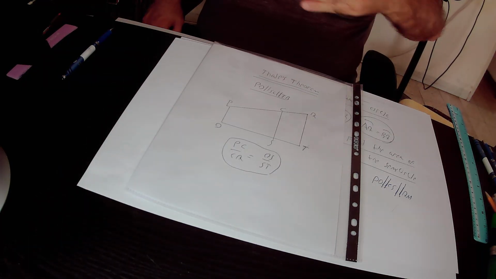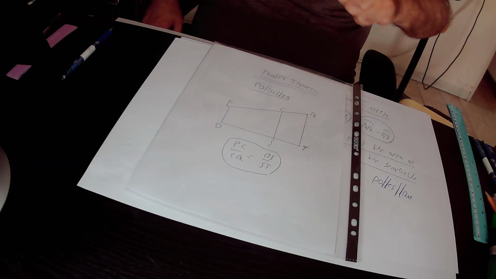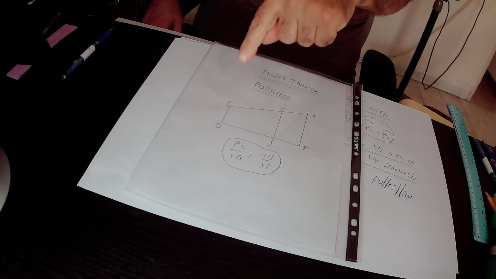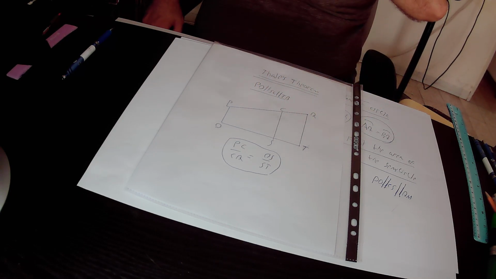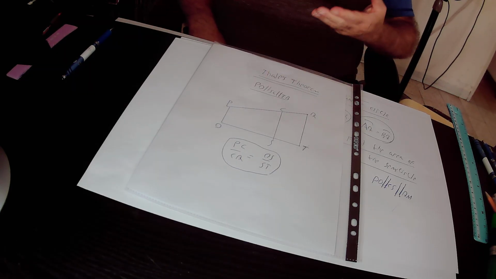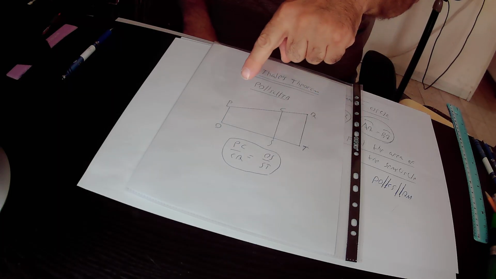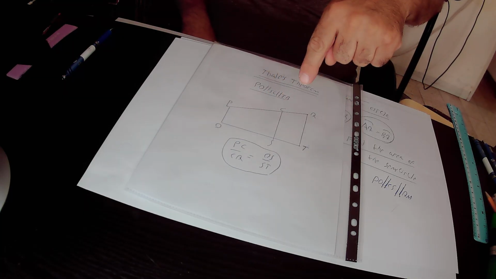Here, PO, CS, and QM are parallel to each other. PQ connects the three parallel lines together, and OM also connects those three parallel lines together. According to Thales's theorem, the following relationship exists between PQ and OM: PC over CQ equals OS over SM.